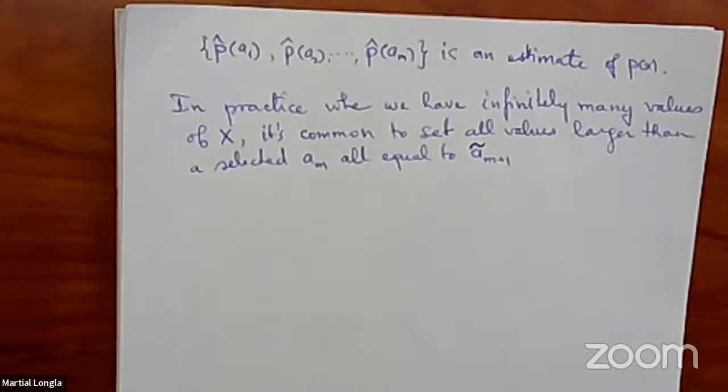You cannot be sampling and go get observations at infinity. It's impossible. There's no way you can do that. That's the reason why when you fall in a case like that, everything that is larger than a certain threshold that you predetermine, you get all the observations that are above that, you group them to AM plus 1, the next, and you let them be one number. Just use it like that.